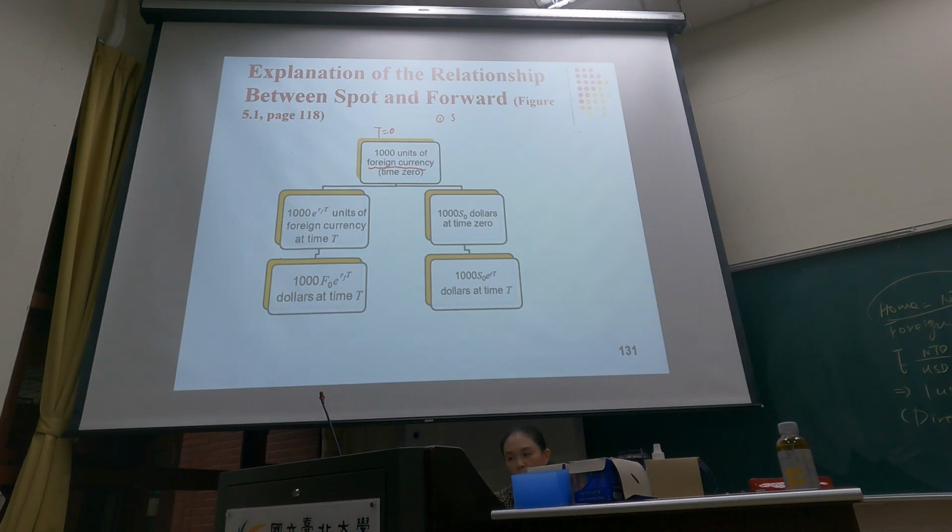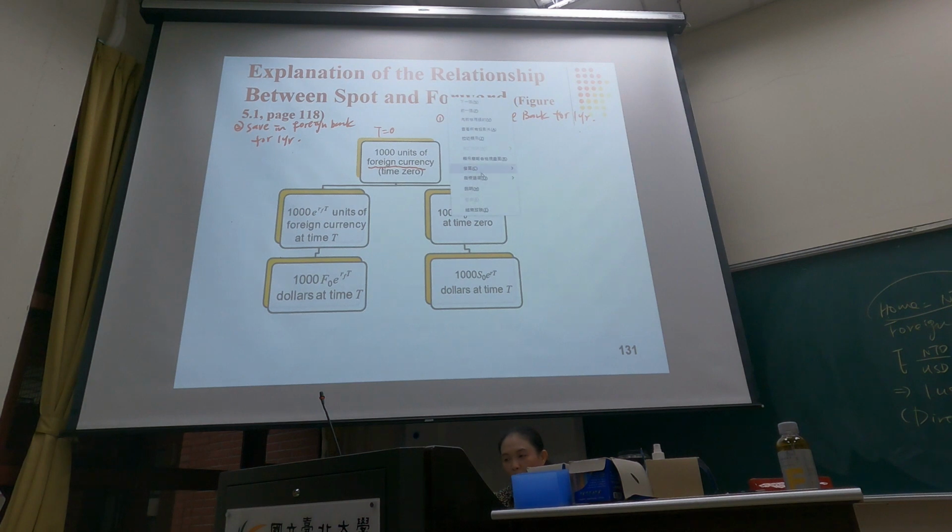One, save in the home bank for 1 year. Second, on the left hand side, save in the foreign bank for 1 year. So far so good? Okay, now if you want to save in the home bank, the price that you get today is in foreign currency, right? So we are assuming we are using the direct quotation.